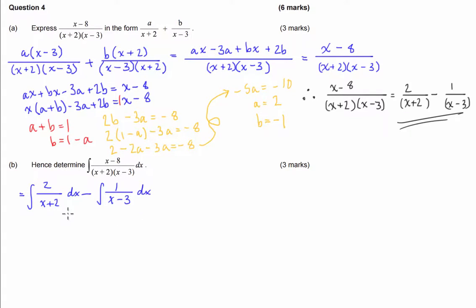Hopefully you guys are aware that the integral of 1 over x is equal to the logarithm of x. So this turns into quite a simple part of the question.